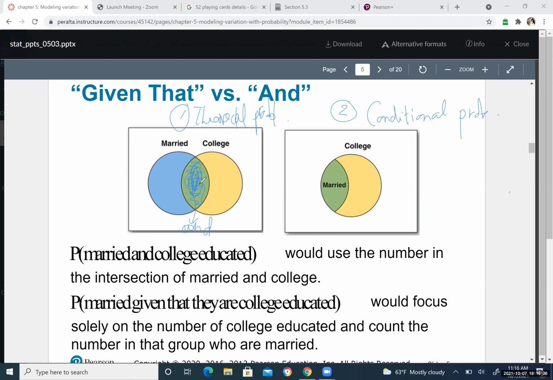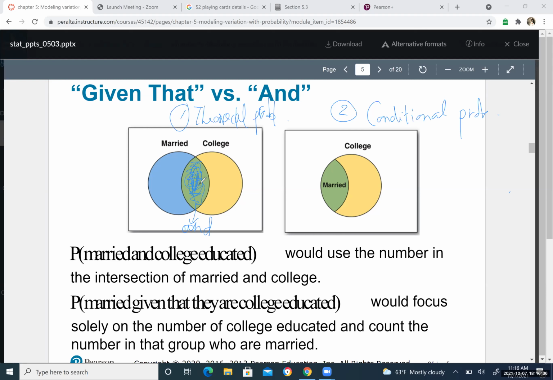But in the second picture, college and marriage, what do you think the intersection is? That intersection is also "and," of course.